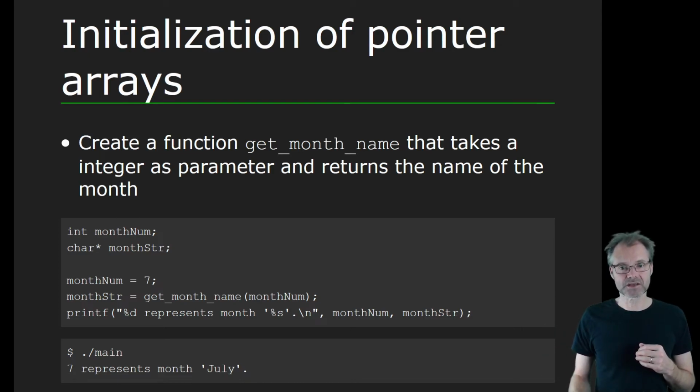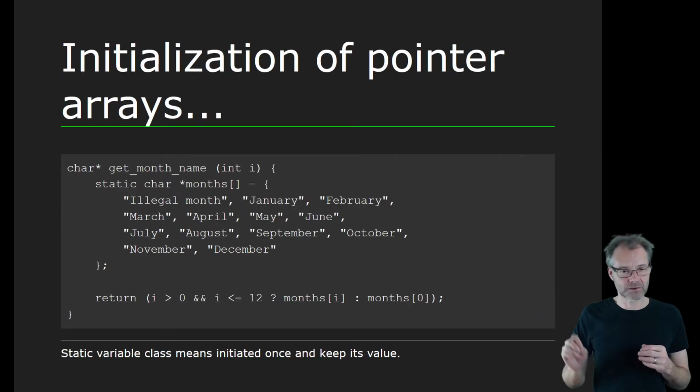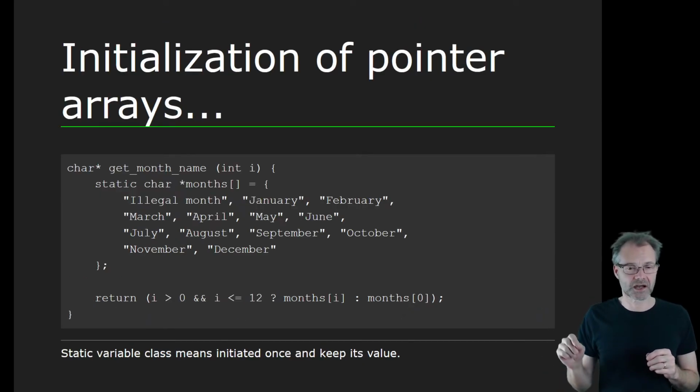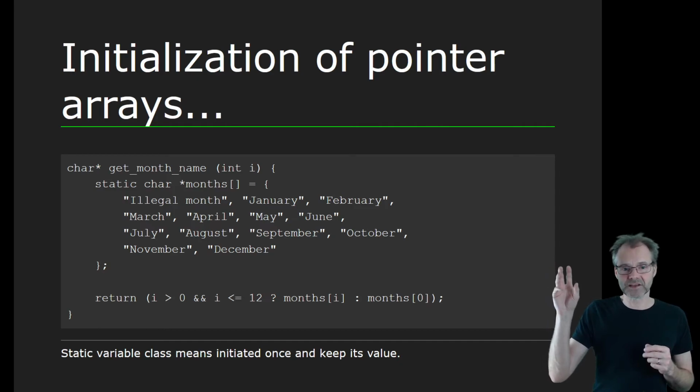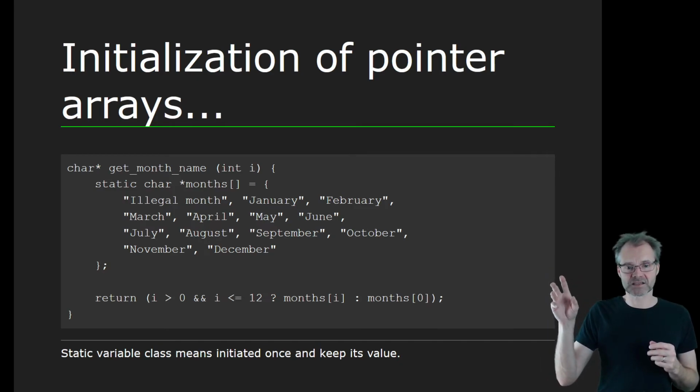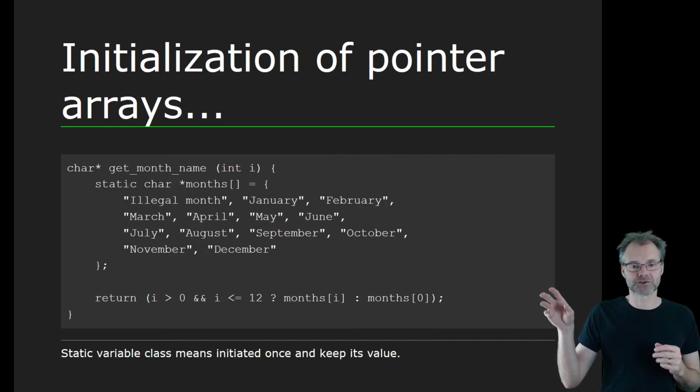Let's see how getMonthName looks, and check out how I initialize this pointer array again. I have a char pointer array months, an array of char pointers, and I'm initializing it with a lot of strings.